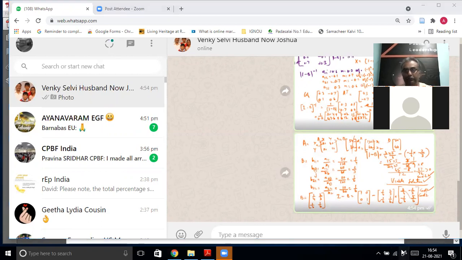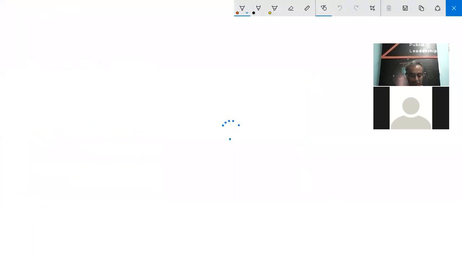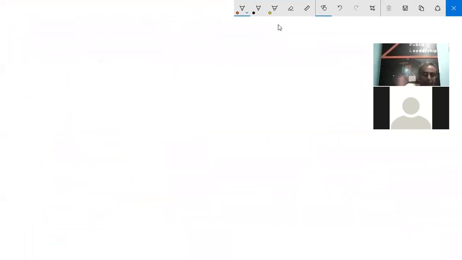Go back to our matrix. So 3/4, 2/3, 1/6, 5/6, and 37 by 72. Okay. So I'm going to rub off everything. Only keep the I minus B matrix. I minus B determinant is 37 by 72.